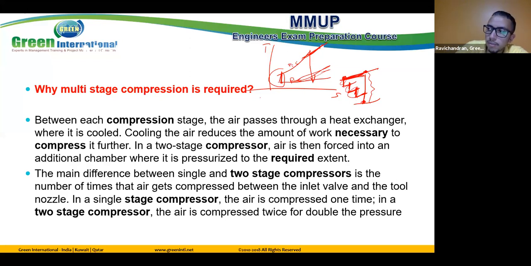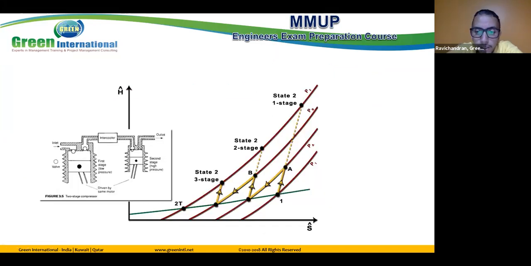See with me this diagram in detail here. If you go directly from B1 to B2, this is the initial stage and this is the last stage. If you go directly like this, it takes more power. But if you divide it in stages, you will see at the end the total power consumed is less.